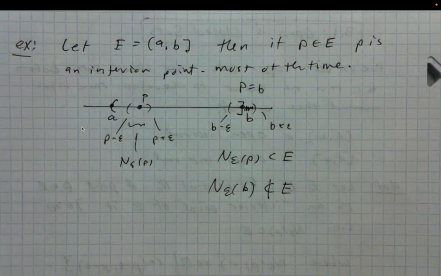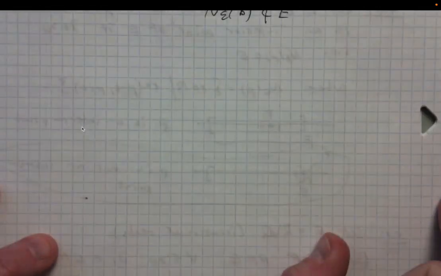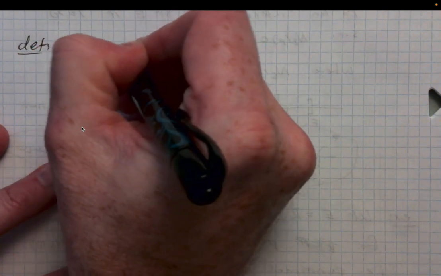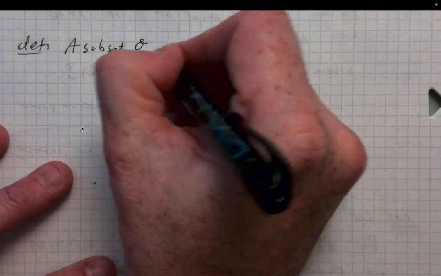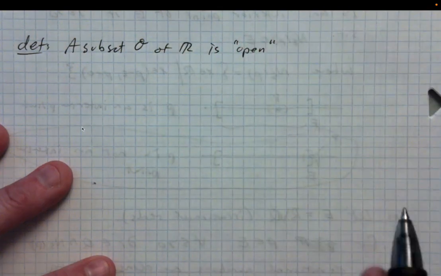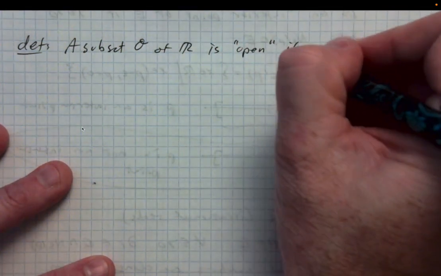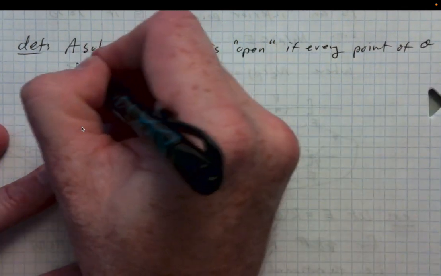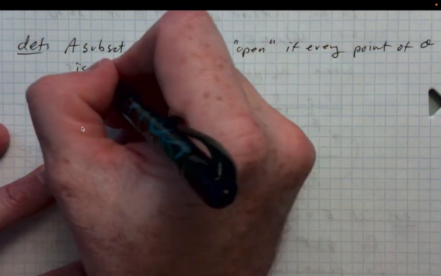Excellent. Let's move forward with the definition of open and closed subsets. Definition: a subset O of R, of real numbers, is open if every point of O is an interior point.